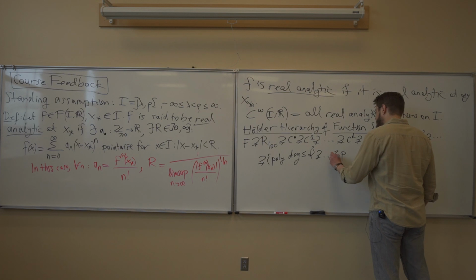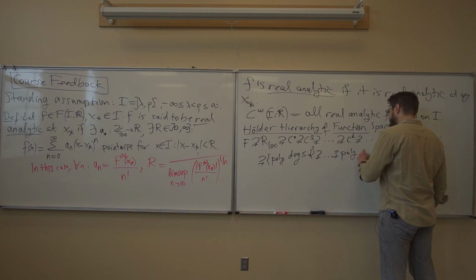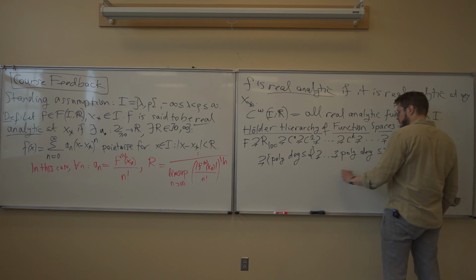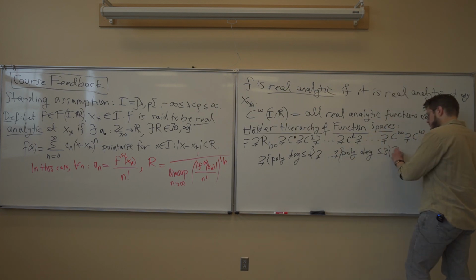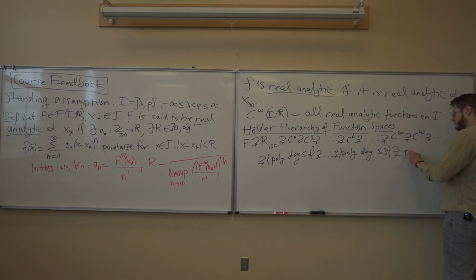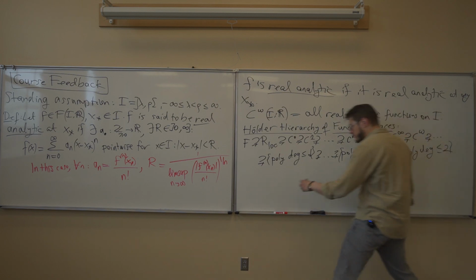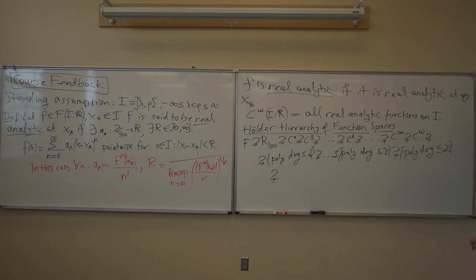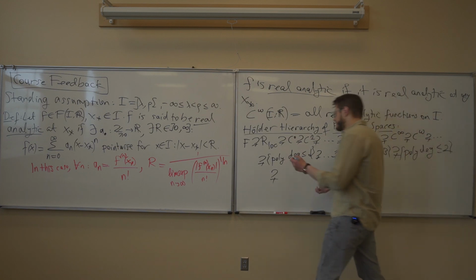And then I reach the polynomials of degree, let's say, 3. Within it is polynomials of degree 2. Within this is polynomials of degree 1. Within this is the set of polynomials of degree 0, which is nothing but the constant functions after all.